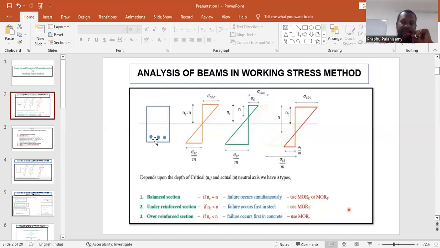The upper part, where we provide compression reinforcement, is the compression zone. If reinforcement is provided on one side only, it is called a singly reinforced beam, and if it is provided on both the tension and compression sides, we call it a doubly reinforced beam.